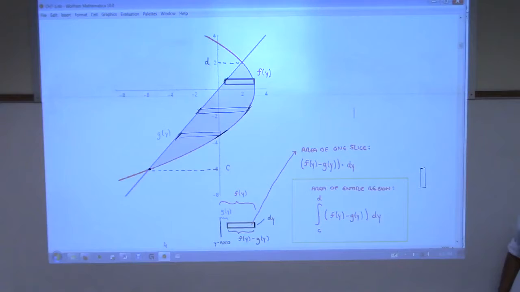And imagine making those rectangles smaller and smaller, then getting an infinite number of them, right? And when we do that, and you add up an infinite number of rectangles, that's where we brought in the integral symbol, right? The integral symbol represented that infinite sum. So we just need to somehow come up with a formula that represents the area of a single rectangle.